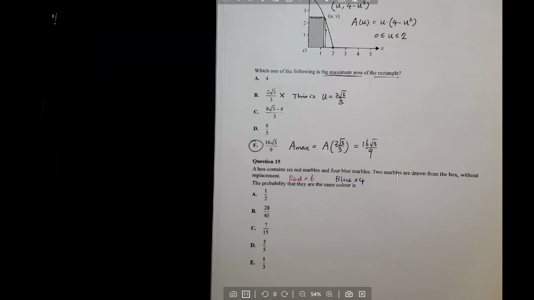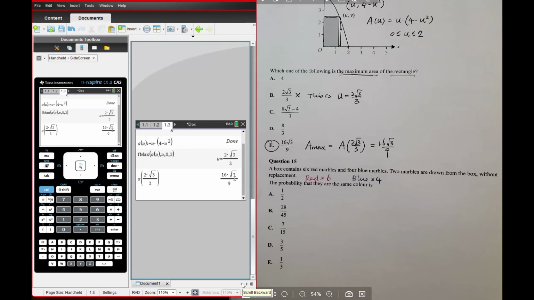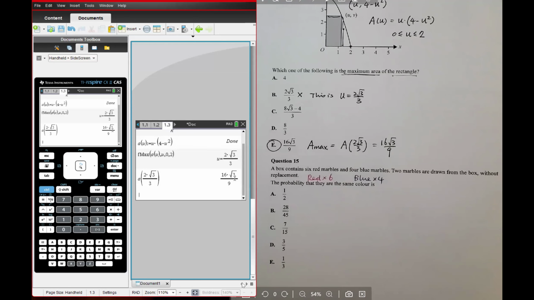So each time you take a marble out, the total number will decrease by 1. And we would like to find the probability that they are the same color. If you did the counting method in year 11 for the math methods course, you probably recognize this is just like, okay, same color.